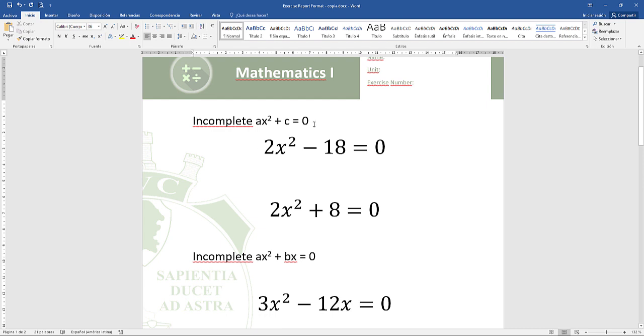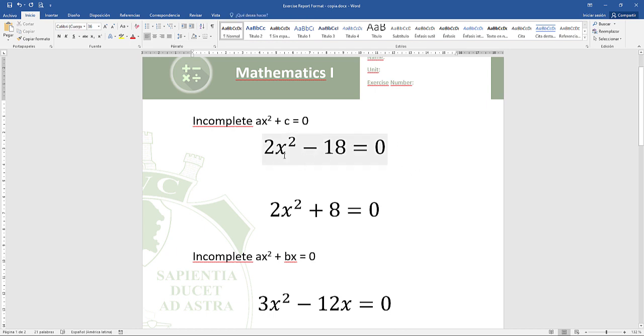Now we will work with some exercises, and we follow the right way to solve them. This is the first one. This is incomplete of the form ax squared plus c. If you check here, you only have one variable, the x squared, and one independent term.